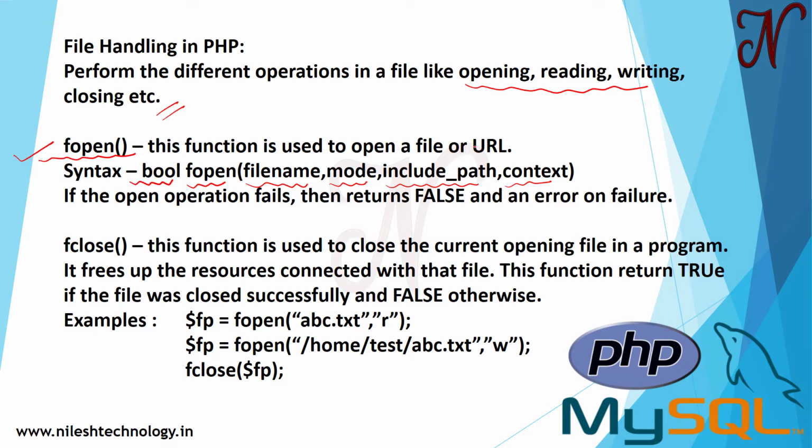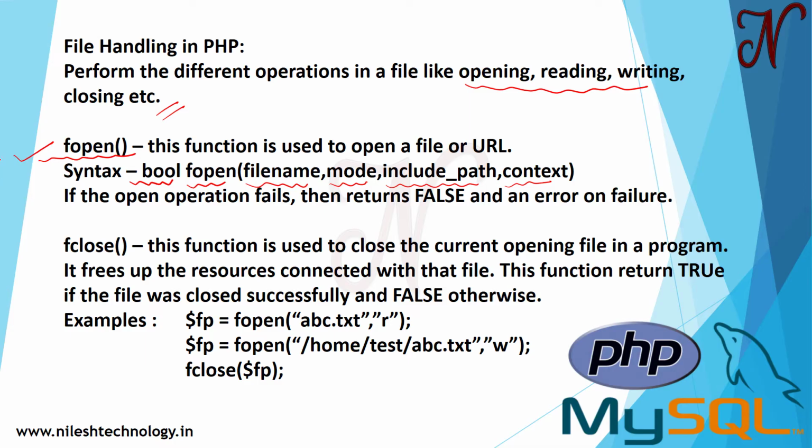File name is the name of the file, mode is the mode in which we want to open the file, for example read mode, write mode, etc. Include path: set this parameter to 1 or true to specify that you want to search for the file in the PHP include path. Context modifies or enhances the behavior of the data stream from and to files. If the open operation fails, then it returns false and an error or failure.